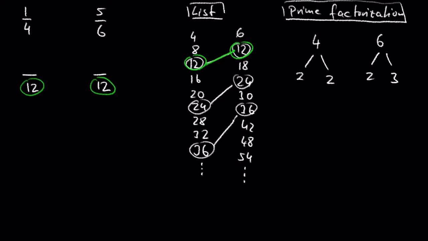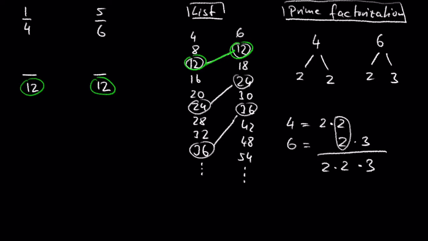By the way, factoring a number means to break that number down into numbers that go into it. So we have 4, which is 2 times 2. And we have 6, which is 2 times 3. We don't need to repeat the factors that 4 and 6 have in common. So we have 2 times 2 times 3, which is equal to 12.